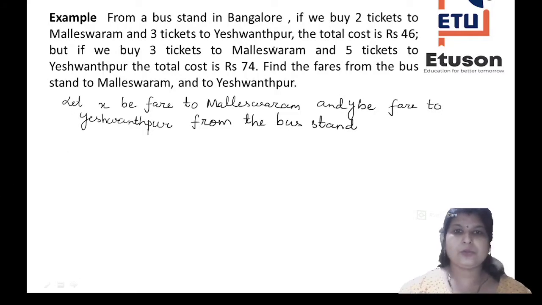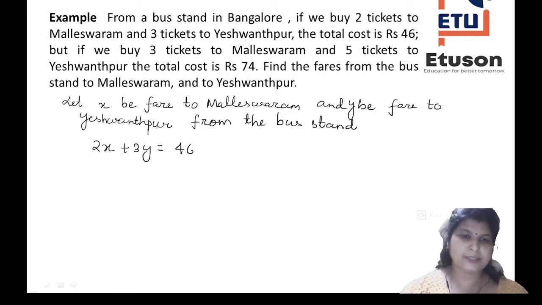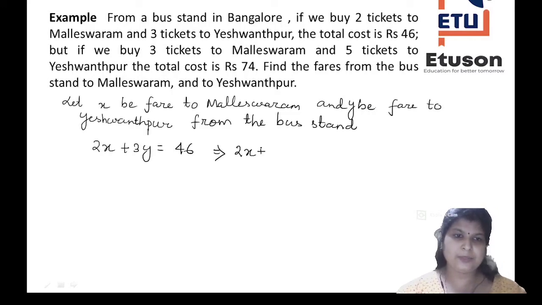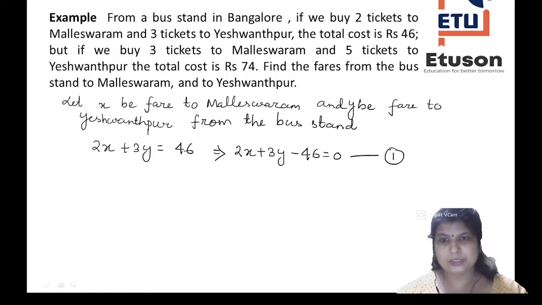Fine. So from the first statement, can I write like this? 2x plus 3y is equal to 46. It implies your generalized form of the equation will be 2x plus 3y minus 46 is equal to 0. So this is your equation 1.